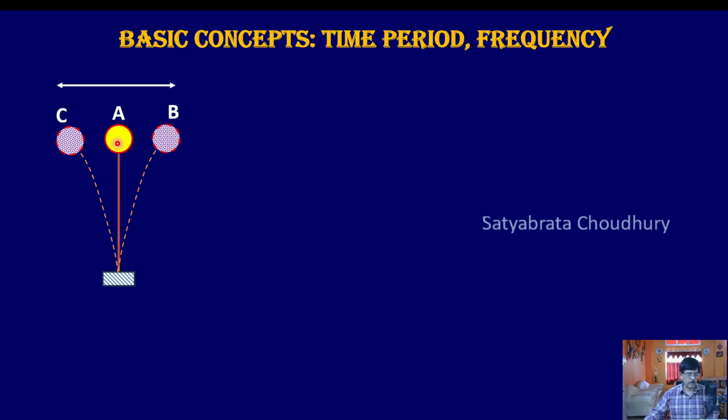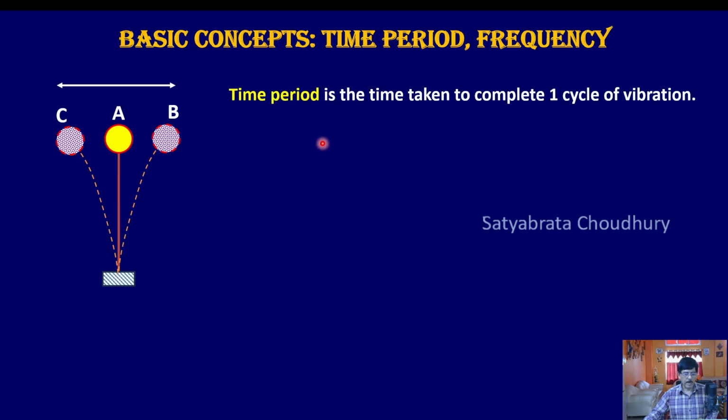So we started from A, then went to B, then again back to A, then to C and back to A. This completes one cycle, and this is called the time period of the system, which is the time taken to make one complete cycle of vibration. So one complete cycle of vibration is A to B, to A, to C, to A again. Starting from the standstill position, making one complete cycle, you come back to the standstill position once again.